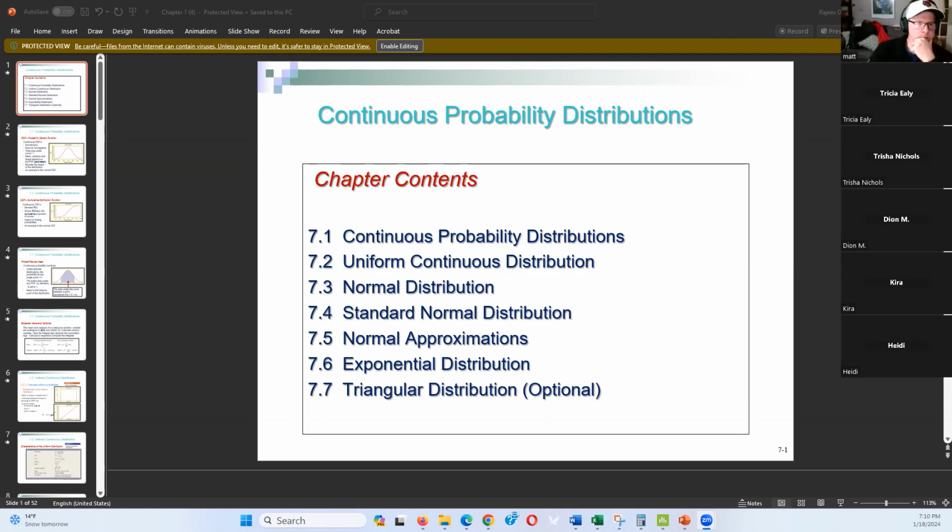Here, in continuous probability distribution, we are going to deal with any decimal value, 1.2 to 3.2, so minus 1.1 to plus 1.4. So we are going to deal here in this chapter with any possible value, even in decimal also.